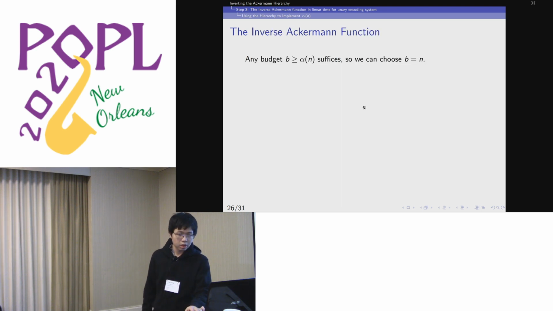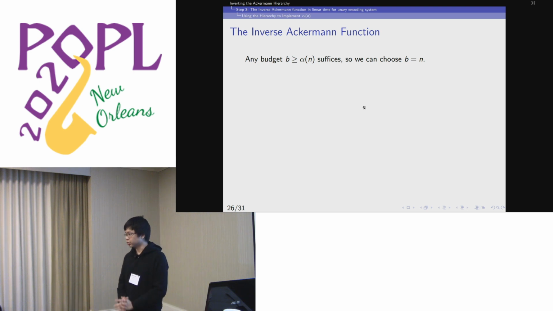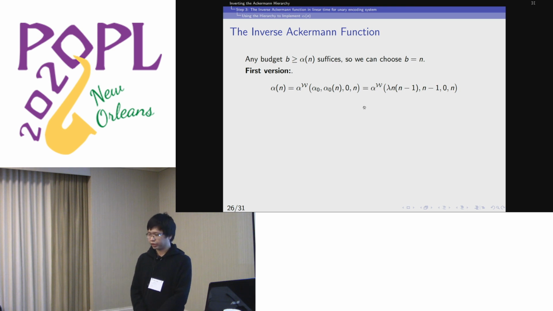All right. So any budget that is big enough will satisfy. And so we choose n again easily, because n is obviously larger than alpha n. And so this is the first version of our inverse Ackermann function. We feed the worker function with alpha 0, which is by definition n minus 1.